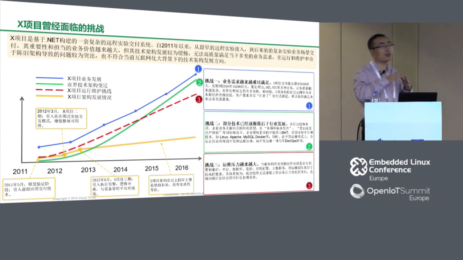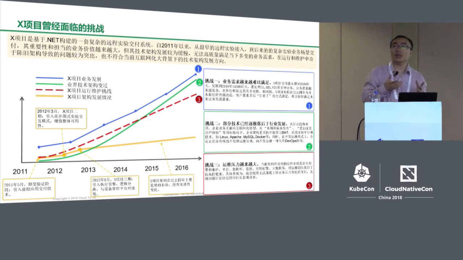First of all, the development of our system is just like the yellow line over here. However, our business development is fluctuating and rising significantly, so the requirements are getting harder to fulfill.